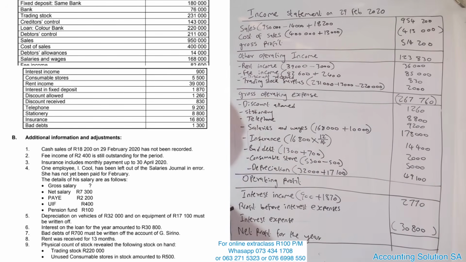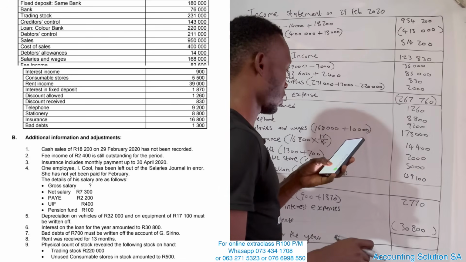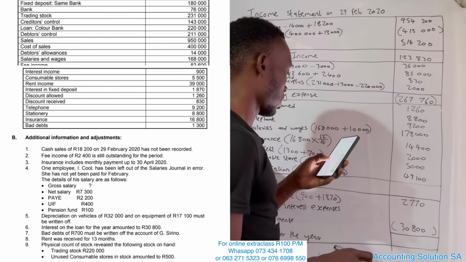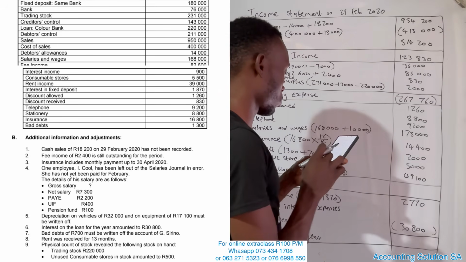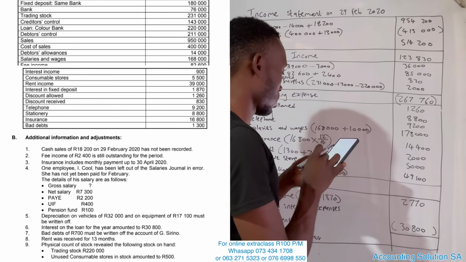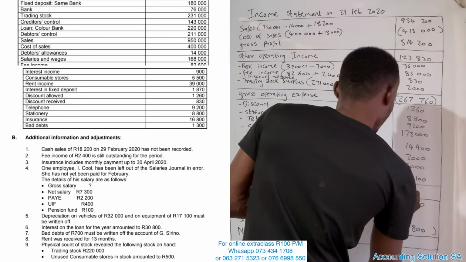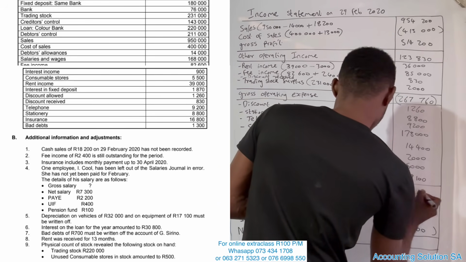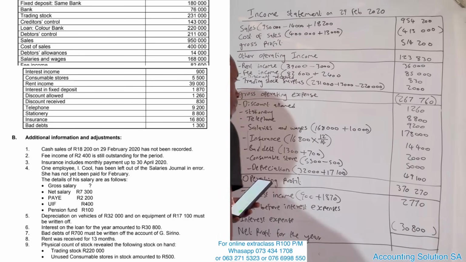Okay, now in order for us to get operating profit, we have to take gross profit 514,200 plus 123,830 minus 267,760, and it's going to give you operating profit of 370,270.